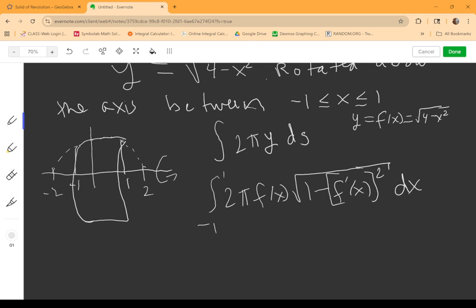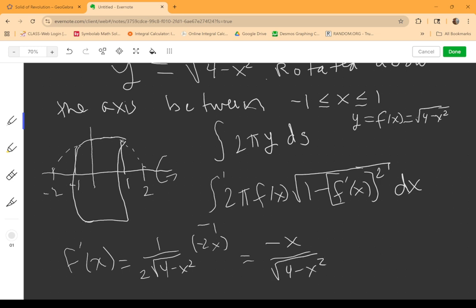Okay, so now let's plug things in. First, we need a derivative. So let me find the derivative of f. f prime of x is 1 over 2 root 4 minus x squared, chain rule, -2x. So that leaves me with -x over root 4 minus x squared. And then I have f of x. So now let's plug things in.